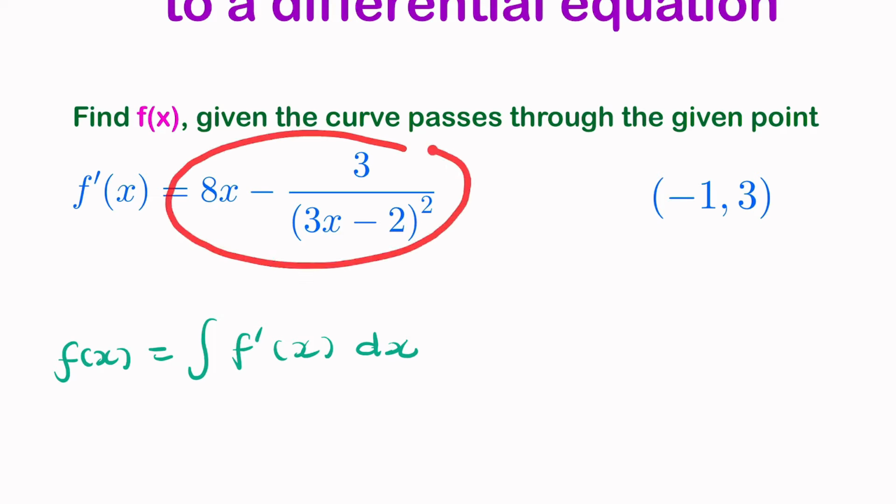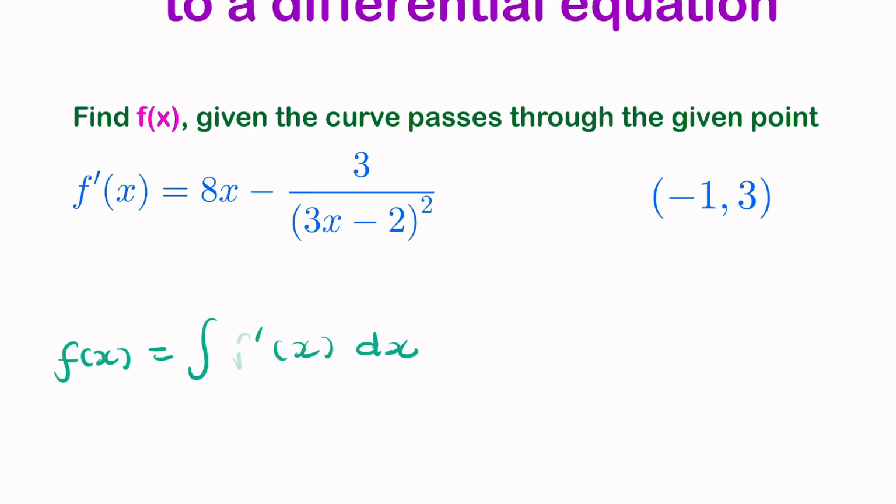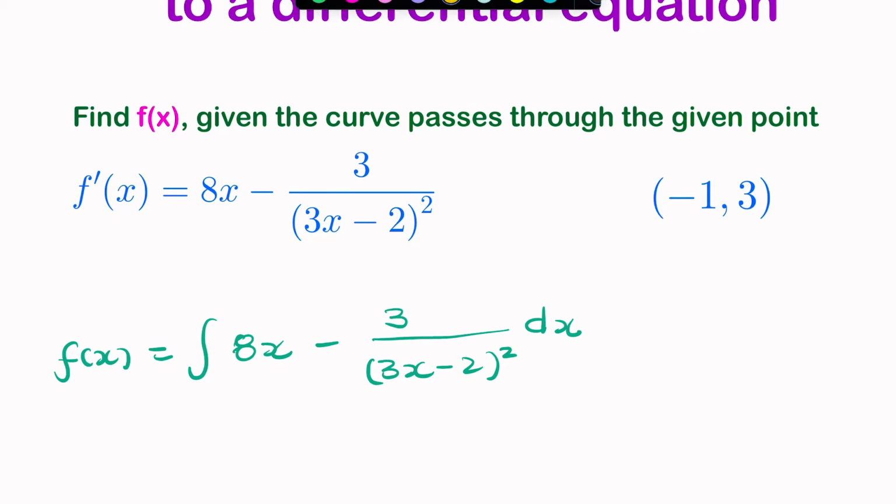So now I'm going to substitute that in there. So the integral of 8x minus 3 over 3x minus 2 squared dx. So integrating 8x is not a problem.